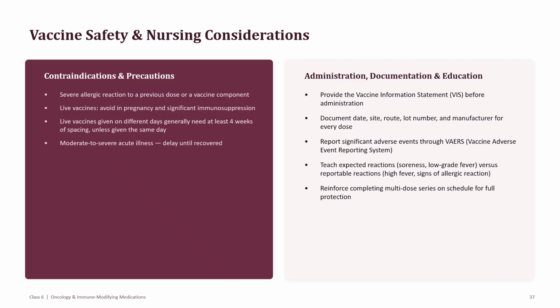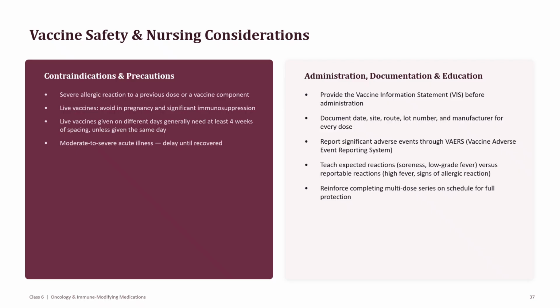On documentation, always give the vaccine information statement before administering. And we always document the date, the site, the route, the lot number, and manufacturer when we are vaccinating our patients. And that's not just busy work.